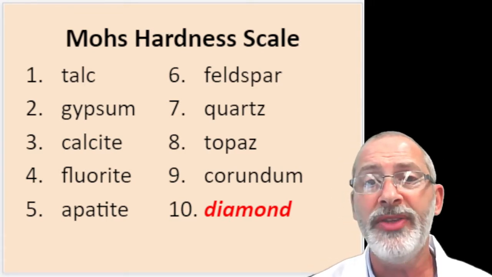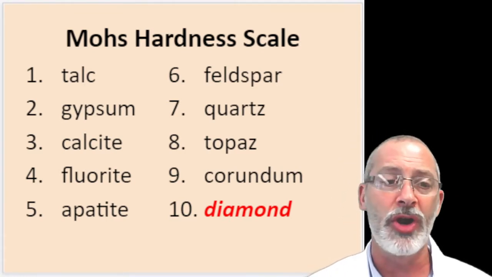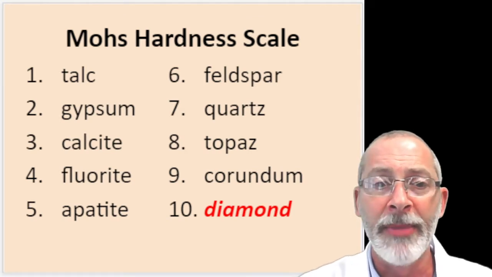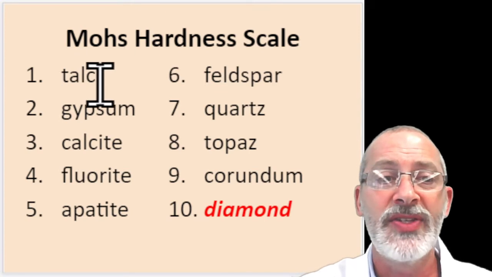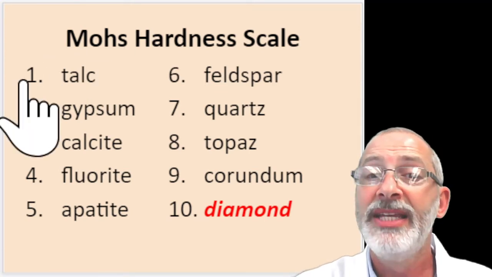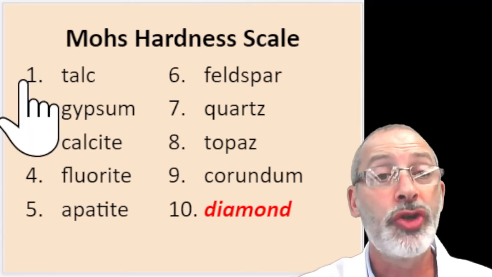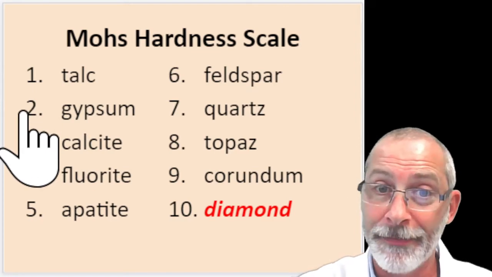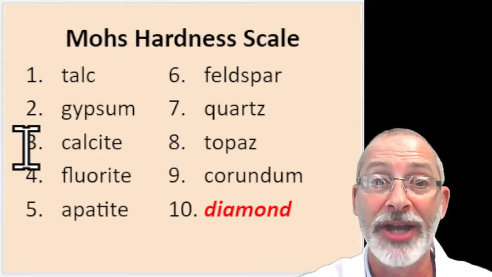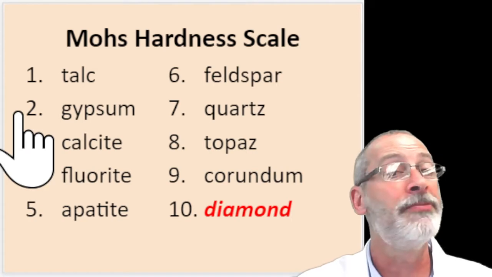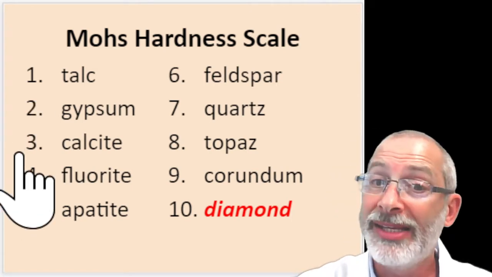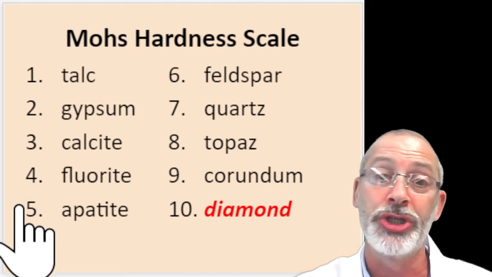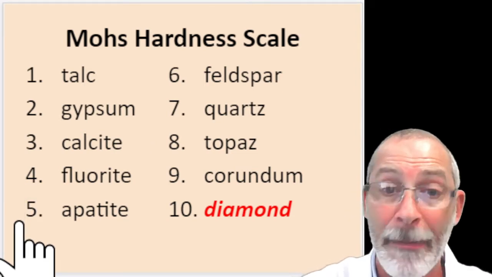Now, as we look at this completed list of Mohs hardness scale, I want you to remember something. This is a hardness scale. If you had a sample of talc, talc could be scratched by gypsum. Gypsum could be scratched by calcite, but gypsum could not be scratched by talc. Calcite can be scratched by fluorite, which can be scratched by apatite.